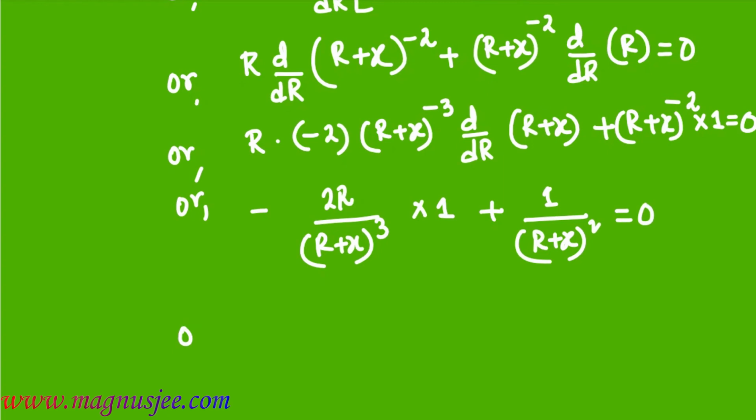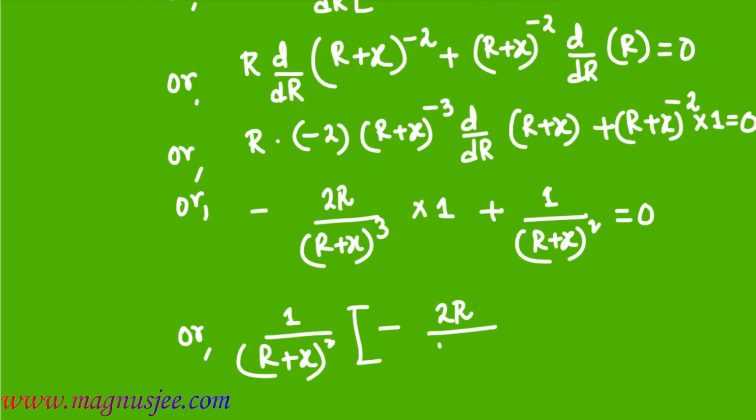Now 1 by (R plus X) whole square is taken common. 1 by (R plus X) whole square, under bracket minus 2R divided by R plus X plus 1, bracket closed, equals 0.